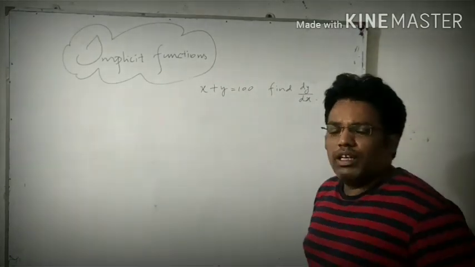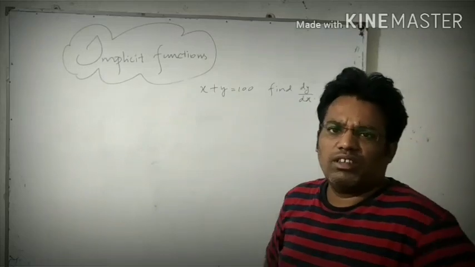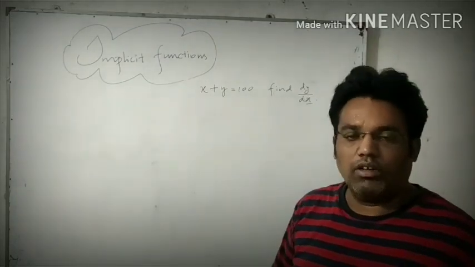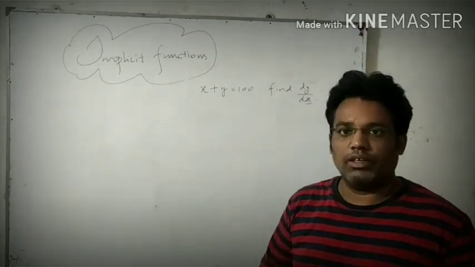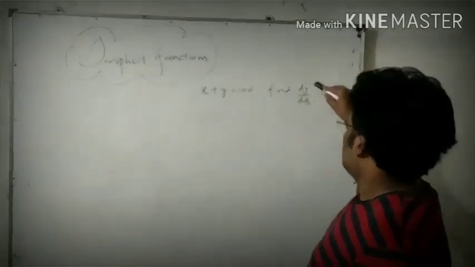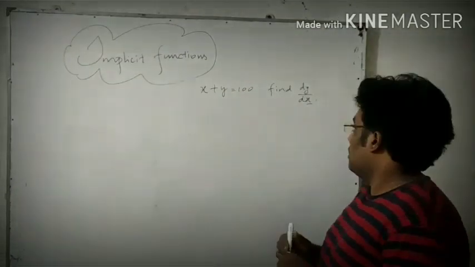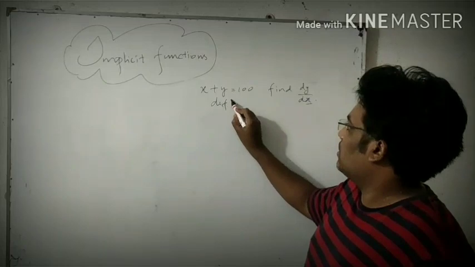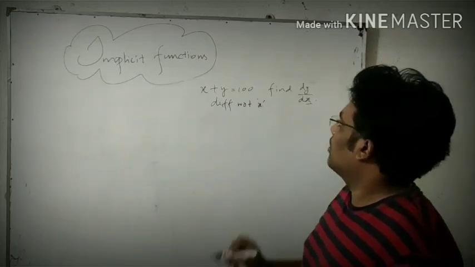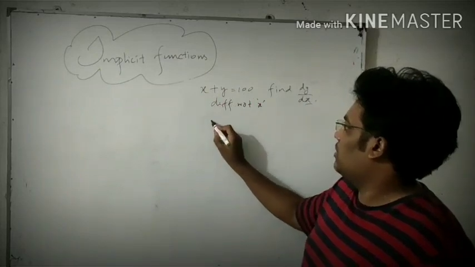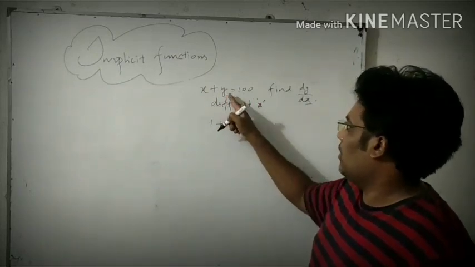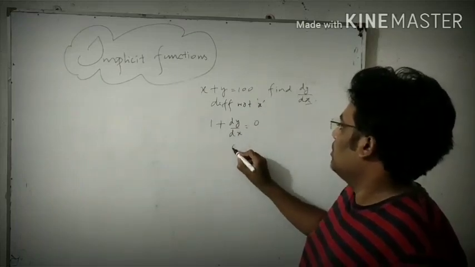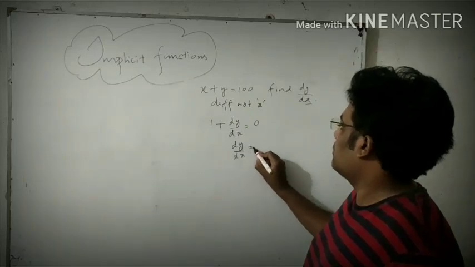It is understood that we have to differentiate the function with respect to x, as I explained in the first video about the concept of differentiability and the dependent and independent variables. So differentiating with respect to x: differentiation of x with respect to x is 1, plus differentiation of y with respect to x is dy by dx, and differentiation of a constant is 0. So dy by dx becomes minus 1.